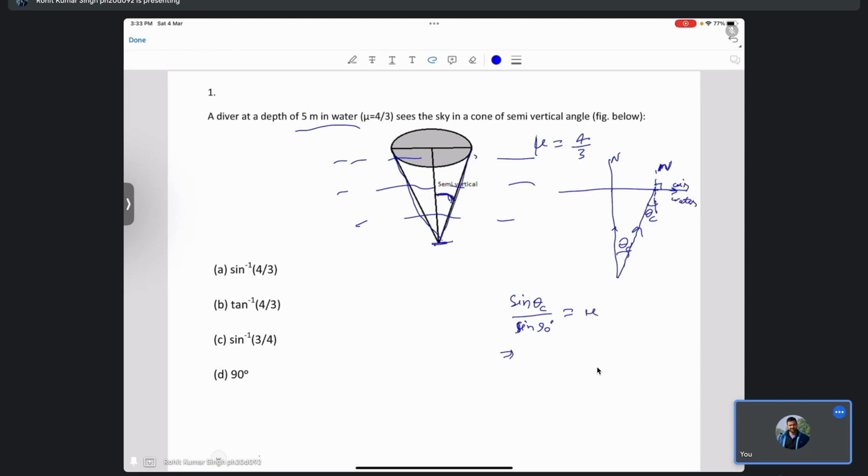So you will get theta c as sine inverse of mu, since sine 90 degree is just 1. So this is just sine inverse of 4 by 3. So this is your correct answer.